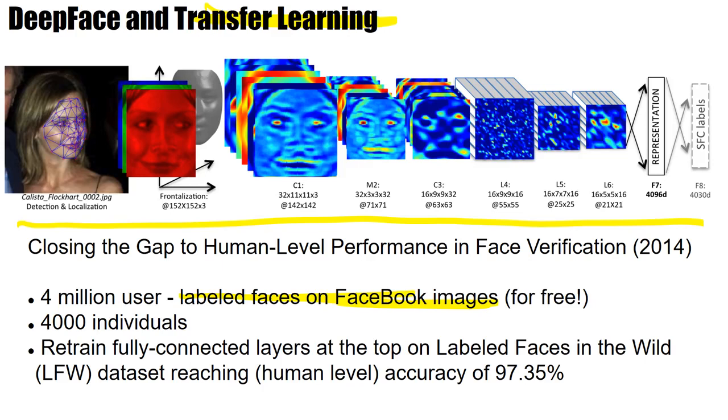But then for the final application, which was a slightly different data set, the convolutional layers were kept, but the final representation layers were retrained. The fully connected representation layers and the labels were retrained on the database that was set up as a challenge.